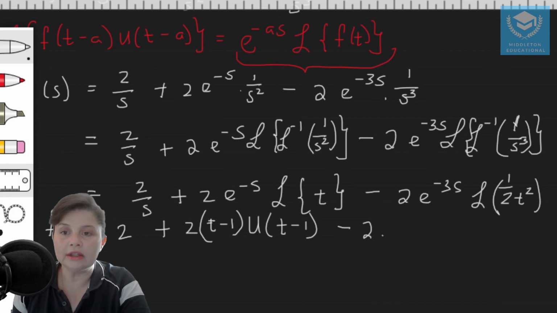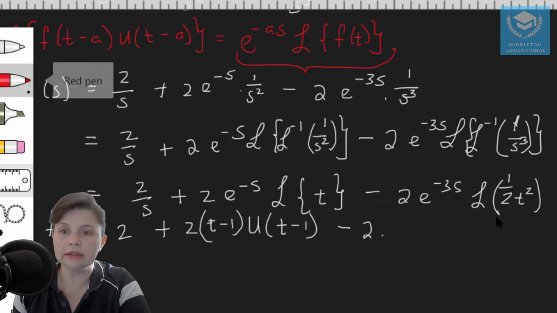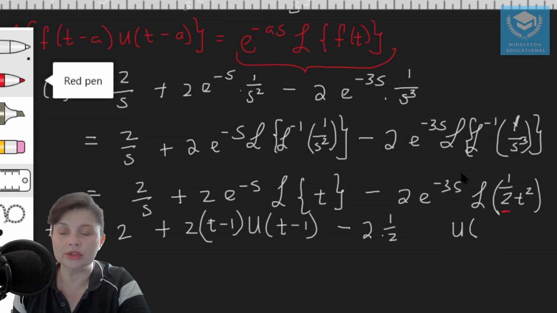Then the second term, you've got 2 times, you can take the half, which is in this expression here, and you can factorize it out, times a half. Then the inverse of this term, you know you're going to need a Heaviside step function because of the exponent. So there's the shift.